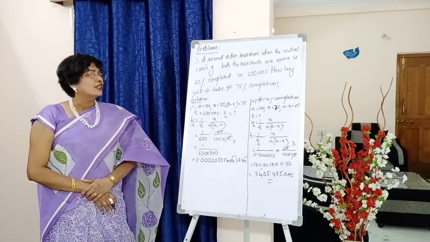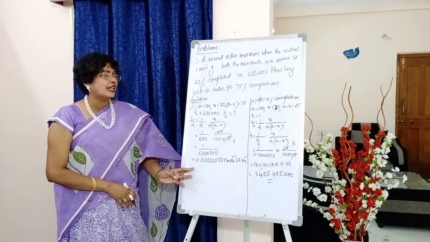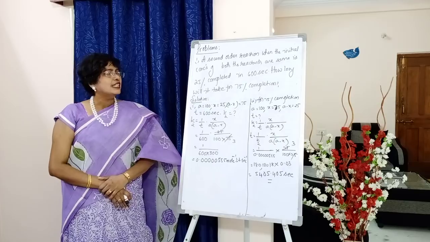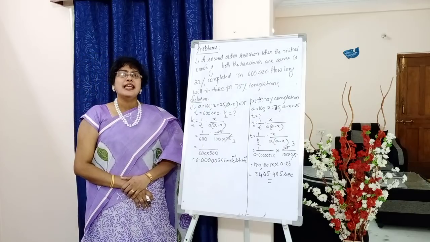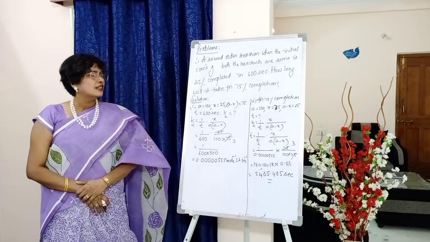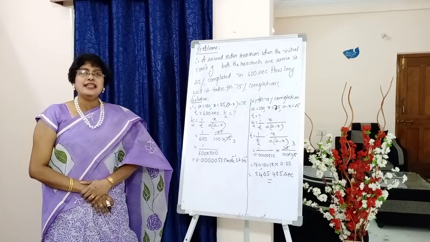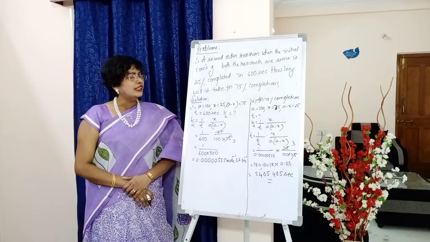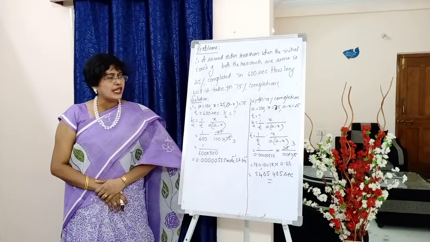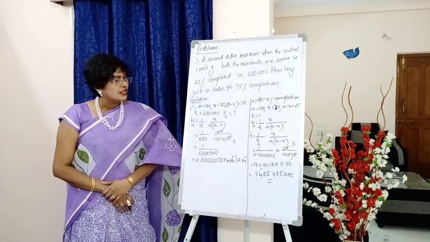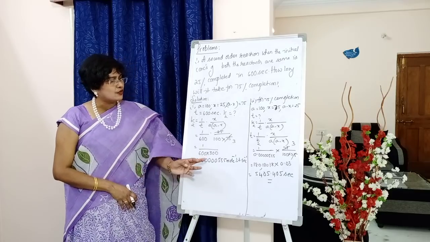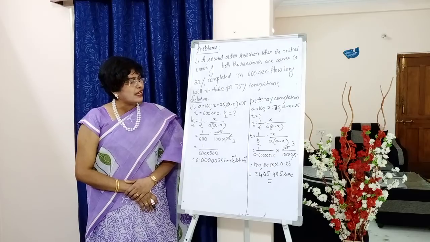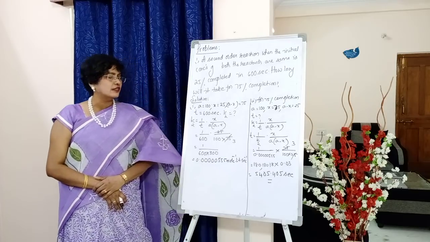So K2 we can use this value. Write down the formula again. K2 is equal to 1 by T into X by A into A minus X. T is to be calculated. So T is equal to 1 by K2 into X by A into A minus X. Substituting the values, 1 by K2 value into X is 75 by 100 into 25.